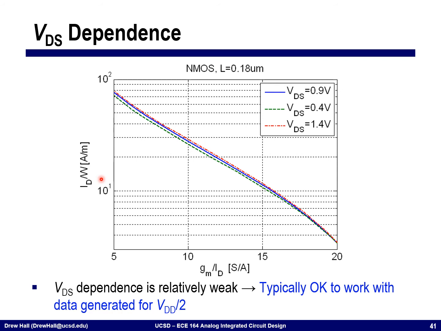There's a relatively weak relationship between the current density and VDS. This means that we don't need to make very complicated charts in order to do this. We can work with nominal VDD over 2, and that's where we'll characterize the technology.